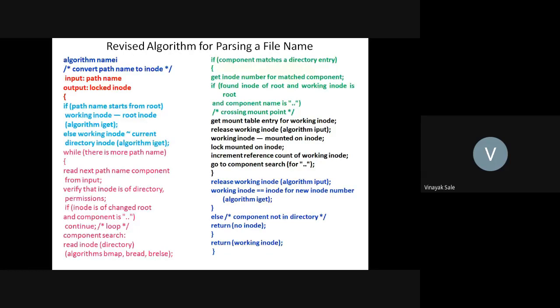If the inode is a component, that is dot dot, then continue the component search. Read the inode directory with the help of the algorithms bmap, bread, and brelse. If the component matches a directory entry, get the inode number for the matched component.